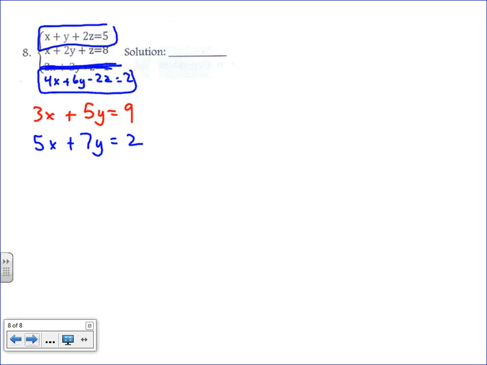All right, what's the issue now? What's wrong with this problem? Nothing cancels out. So what I have to do is I have to multiply something by a positive and then something by a negative. So 15x plus 25y equals 45.